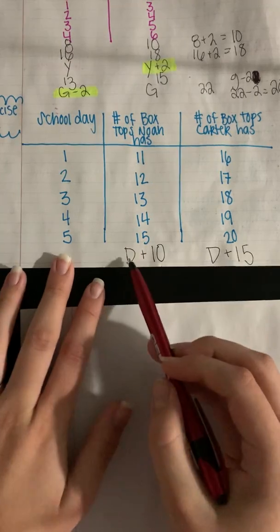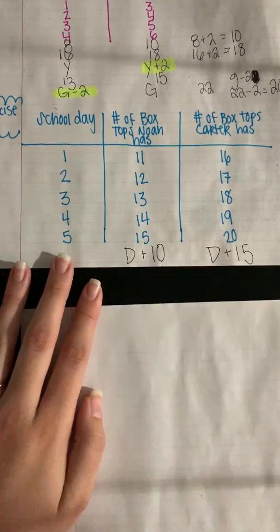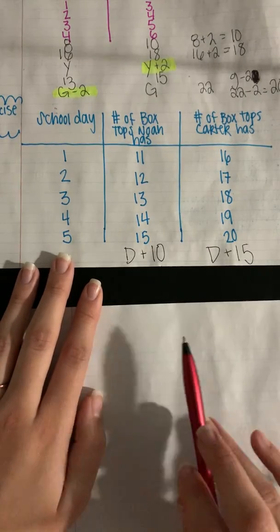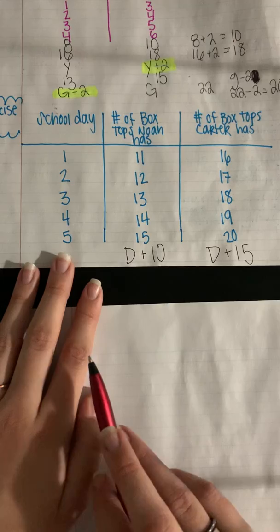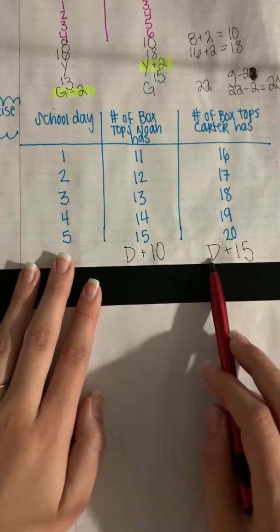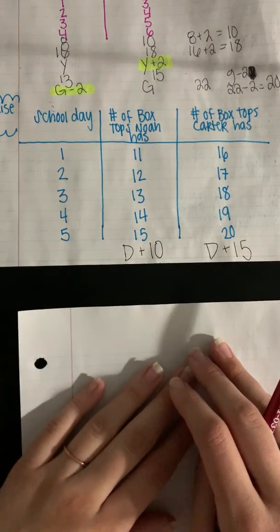On day 10 of school, I would plug in or substitute 10 plus 10, and I would know that Noah has brought in 20 box tops. And if I wanted to know on day 10 of school, how many box tops will Carter have brought? Well, I would do 10 plus 15, and I would know that Carter brought in 25 box tops.